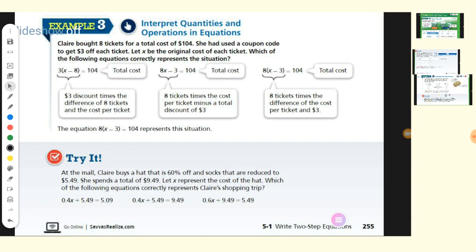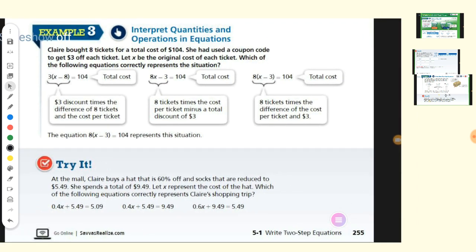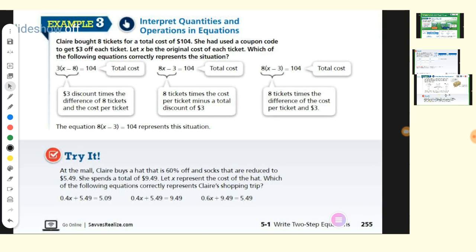I will write 104 on one side, left hand side or right hand side, it's okay, you can write it any way. She used a coupon code to get 3 off each ticket. So I will take 3 off each ticket. 3 off means it's minus. Let X be the original cost of the ticket.